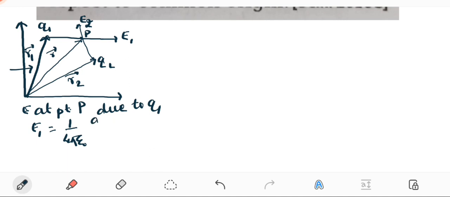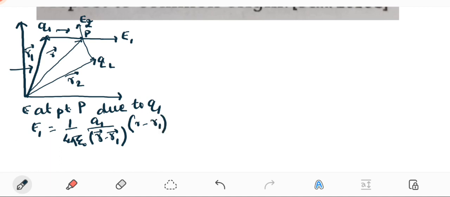Since we are talking about a vector quantity, we will write it as R vector minus R1 vector. Here we will have to multiply it by the unit vector, that is the direction of Q1P, which is R minus R1.